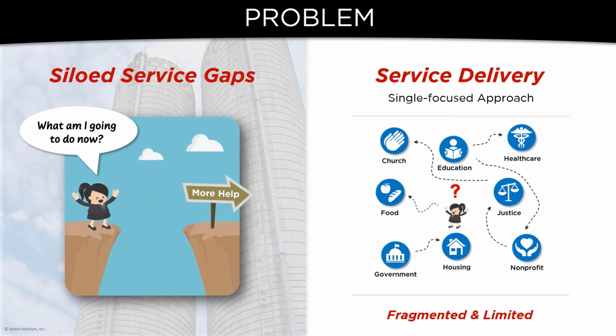Siloed service gaps are caused by fragmentation and limited service delivery, which plagues most communities across the country. This fosters a dysfunctional helping system, which in turn breaks down efforts to provide an effective referral system in communities.